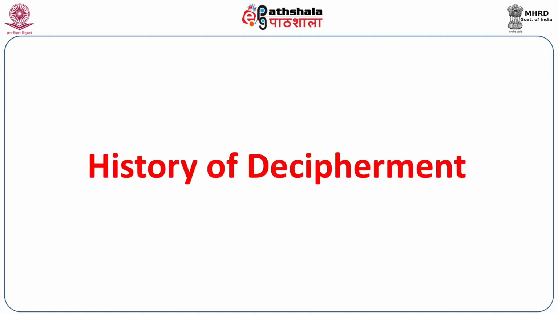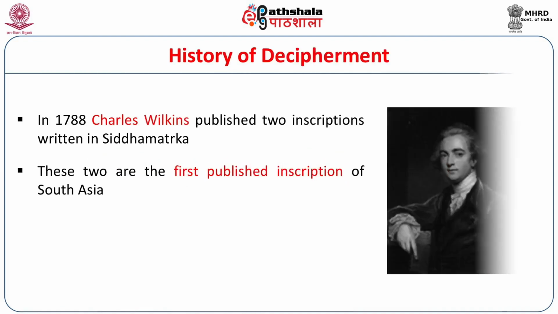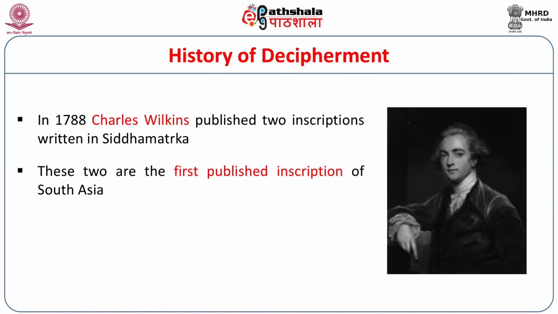Now, if we look at the history of decipherment of the script, we all know that Charles Wilkins was the first scholar who published an inscription from South Asia. It was in 1788 that in the Asiatic Researches, the Journal of the Asiatic Society at Kolkata, Charles Wilkins had published 2 inscriptions.